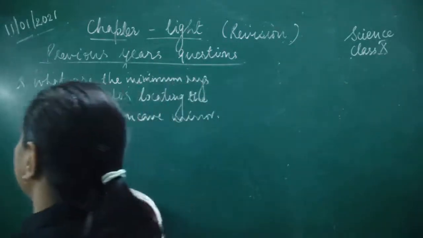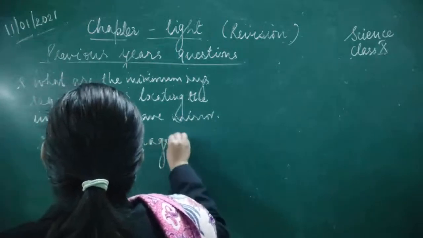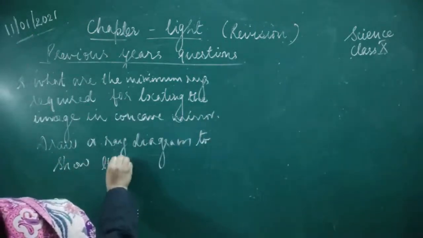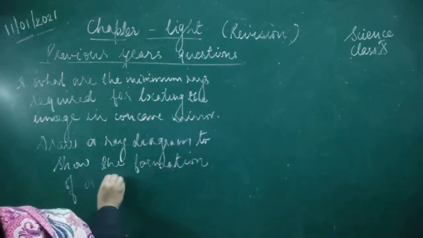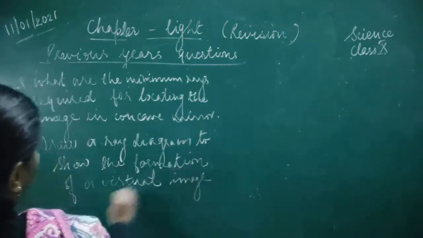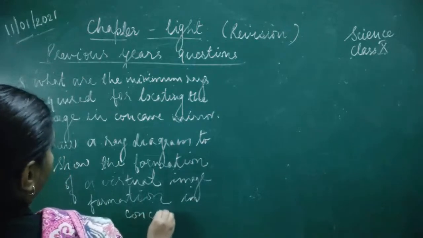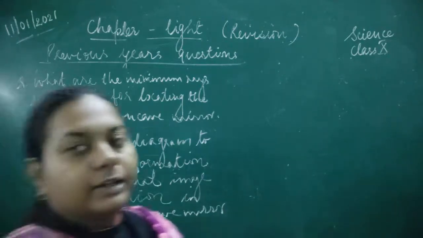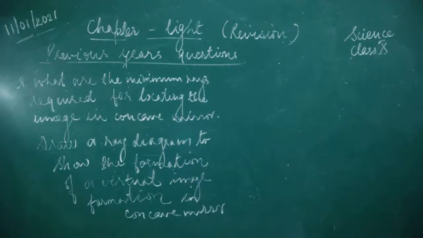ठीक है, so you have to draw the ray diagram. Draw a ray diagram to show the virtual image formation in a concave mirror. ठीक है, इसमें आपको क्या करना है कि यहाँ पर आपको एक मिरर का, कॉन्केव मिरर का वर्चुअल इमेज का एक डायग्राम ड्रॉ करना है जिसमें कि आपकी जो इमेज होगी वो वर्चुअल होगी. ठीक है, सो दिस इज.